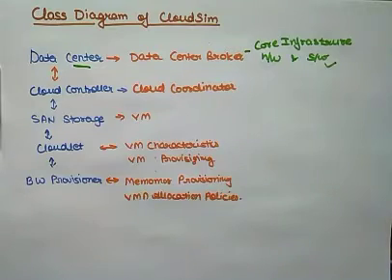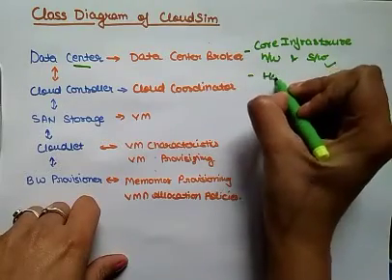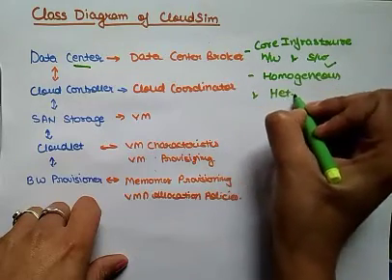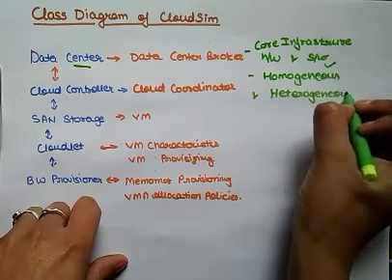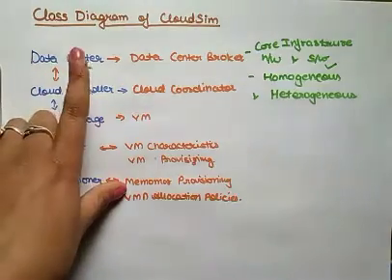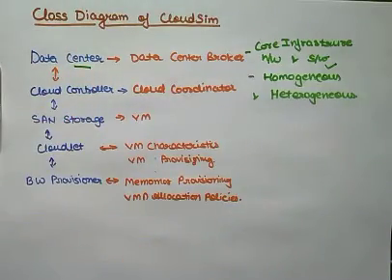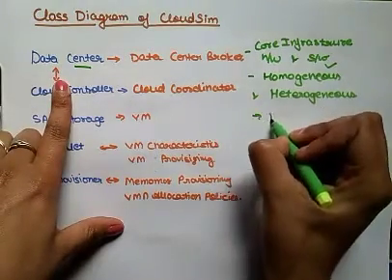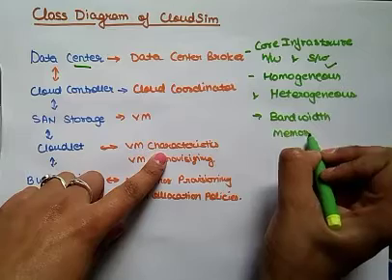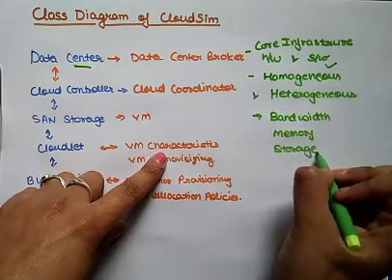It also offers both homogeneous and heterogeneous resource configurations. And every component of data center uses a set of policies which are further used to allocate bandwidth, memory, and storage devices.